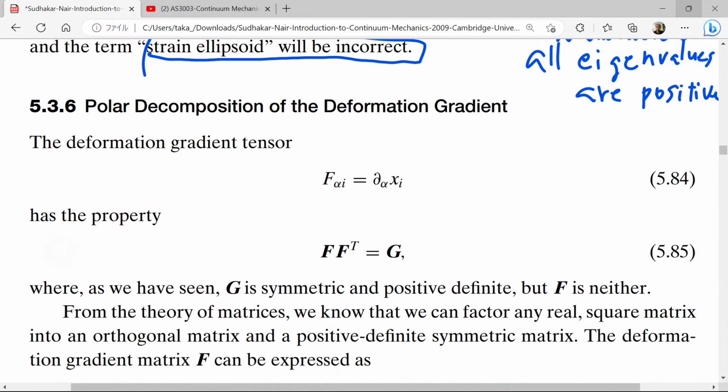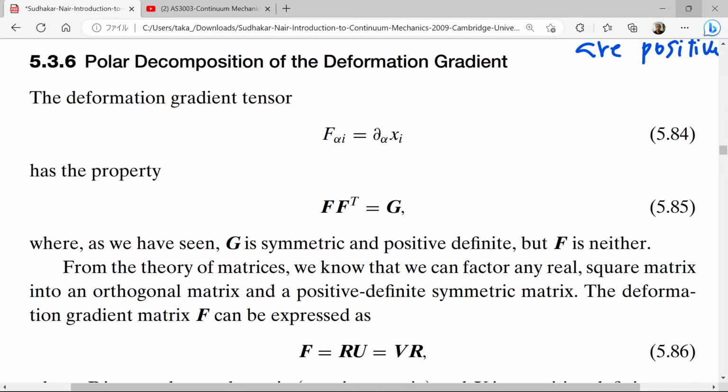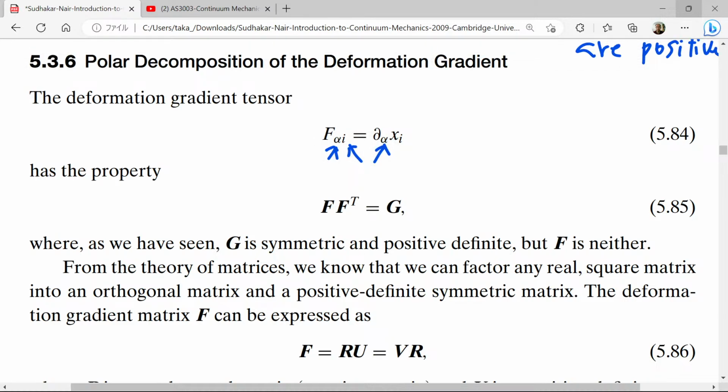polar decomposition and deformation gradient. The deformation gradient tensor, this is interesting. You see, one index is alpha, the other index is i. So this is alpha xi. If you write this out, this goes like partial xi over partial large X alpha.